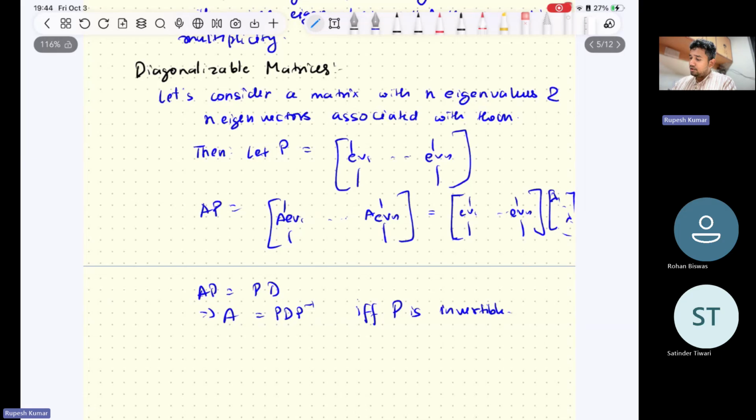Let us consider a matrix with n eigenvalues and eigenvectors associated with them, and let P be a matrix containing all the eigenvectors as its columns: eigenvector 1, eigenvector 2, up to eigenvector n. First question: how many eigenvectors can we have?